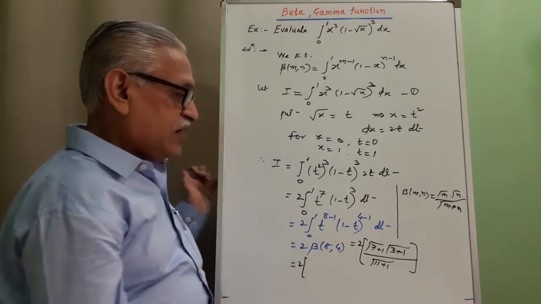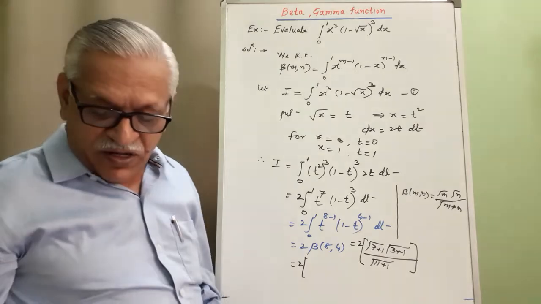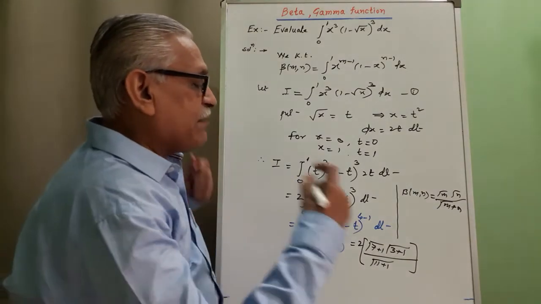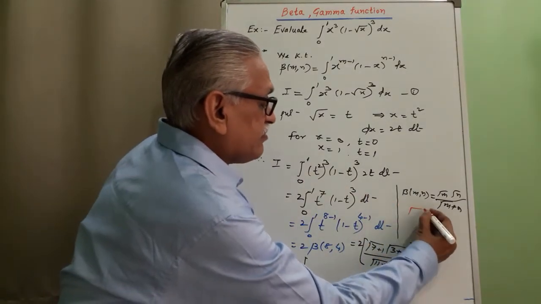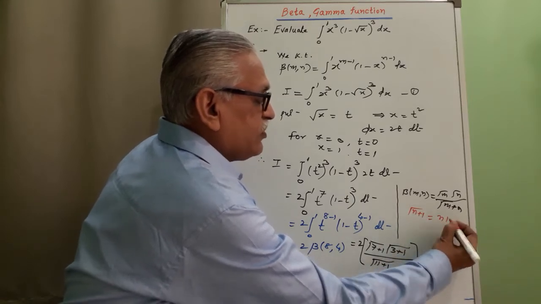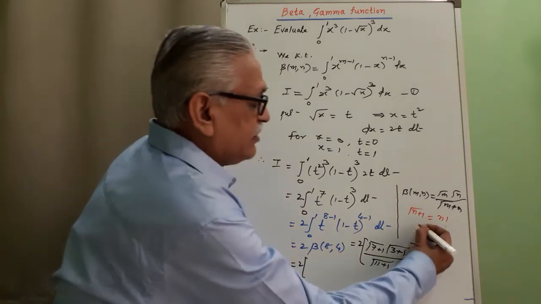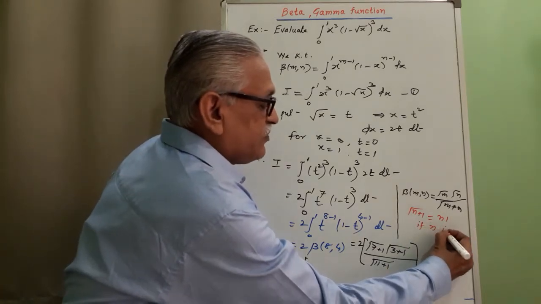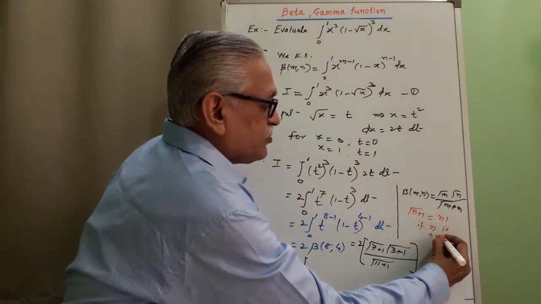Therefore it is equal to 2 times. We know the property of the gamma function: gamma of n plus 1, when n is a positive integer, its value is n factorial.